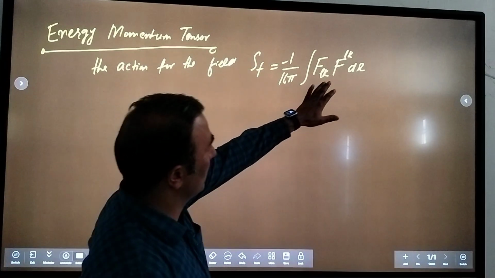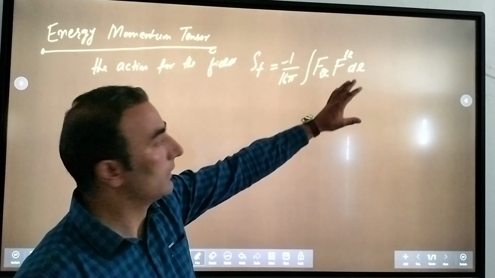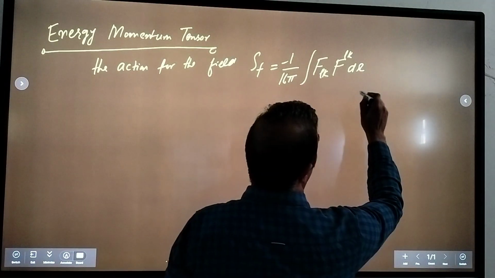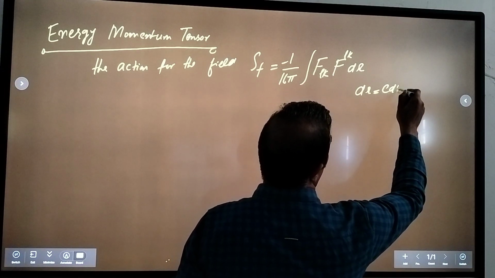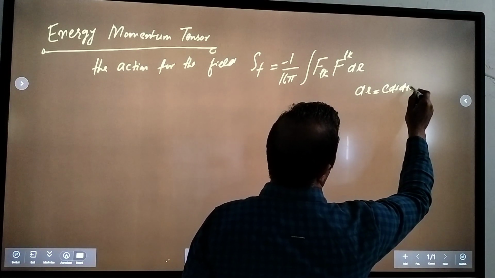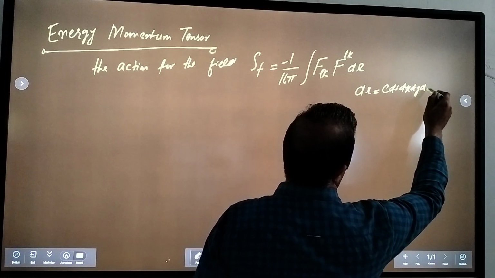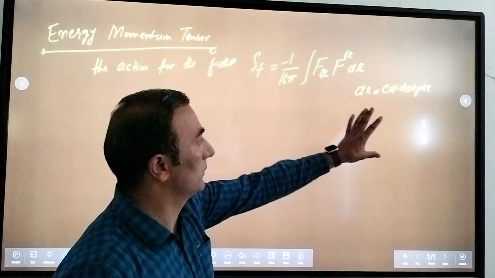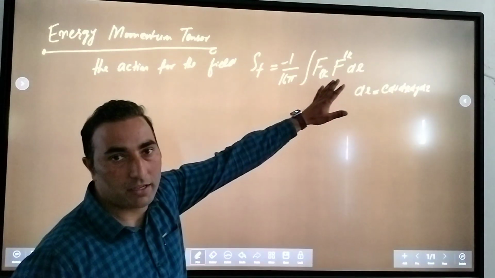This is our electromagnetic field tensor, and d omega is c dt dx dy dz, so it's a four-dimensional space. You are writing that definition for it.